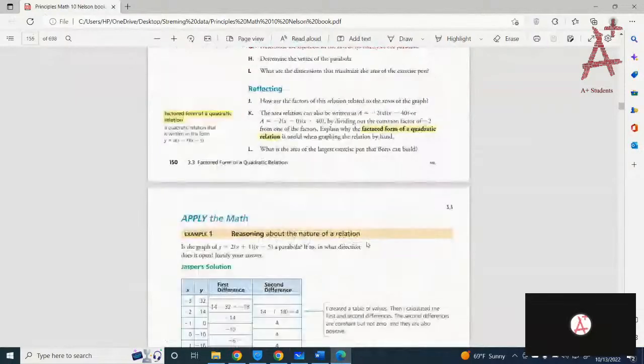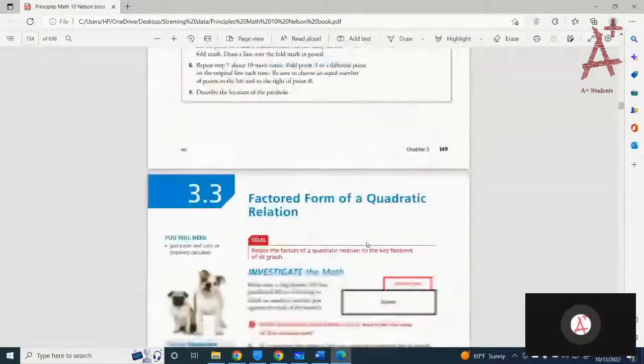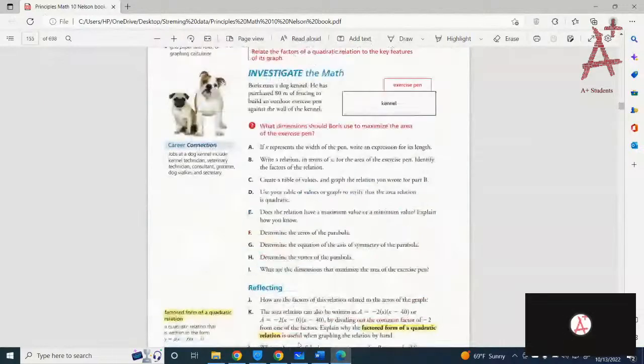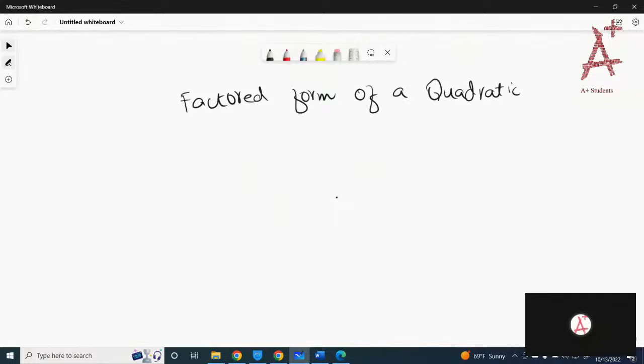Okay, then the next topic is the factored form of a quadratic relation.